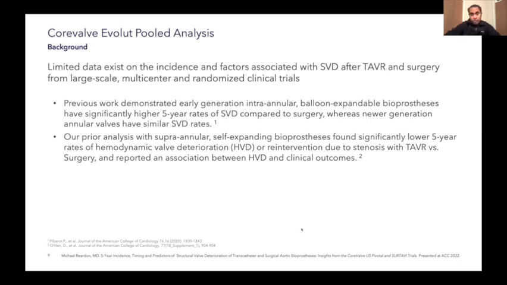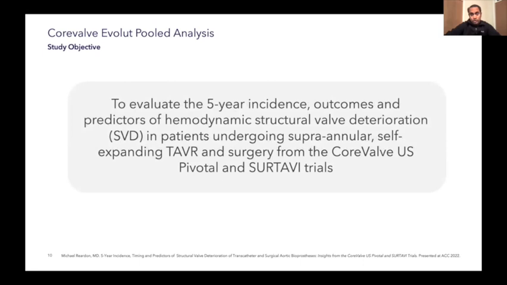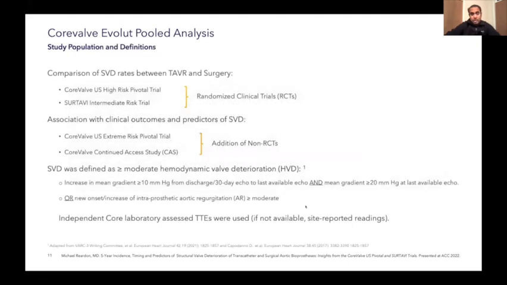So as we look further into this, we're just going to look at this 5-year incidence, outcomes, and predictors of structural valve deterioration in the US pivotal and TAVI trials. And so really we're talking about randomized controlled trials, as well as some continued access studies that were implemented within these studies. Structural valve deterioration is basically per VARC 3 criteria, as shown here.